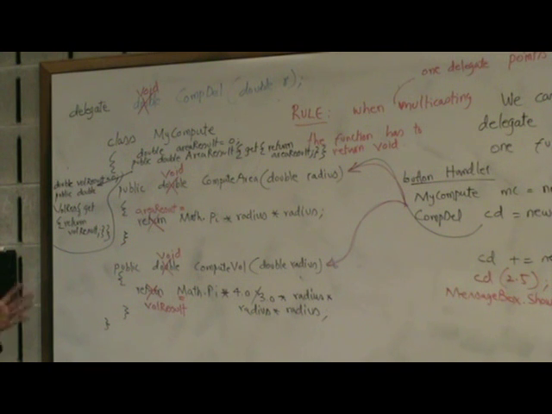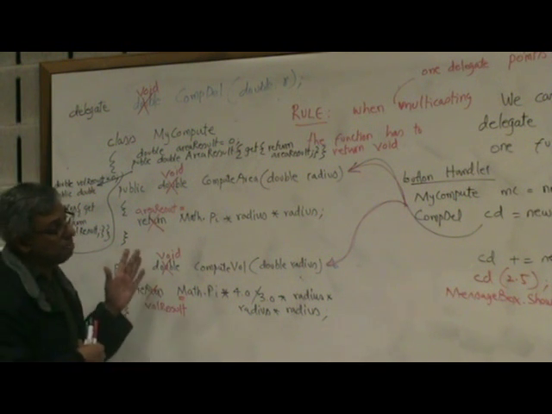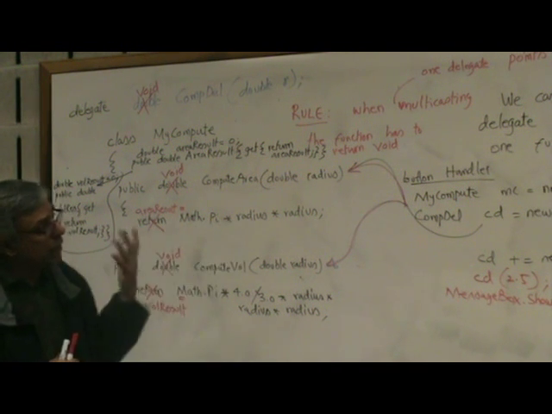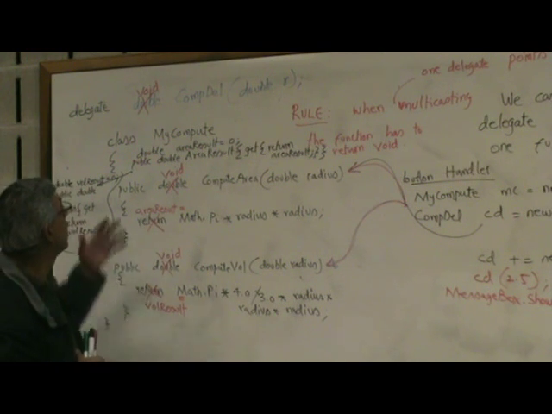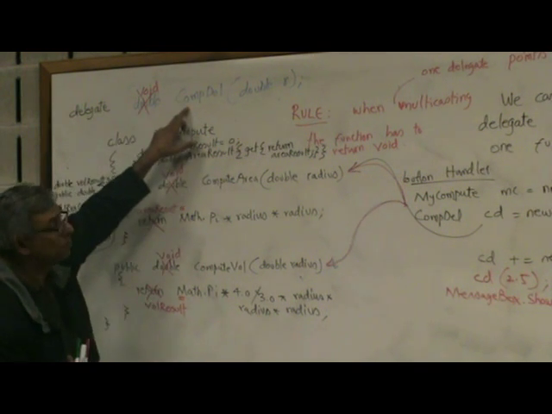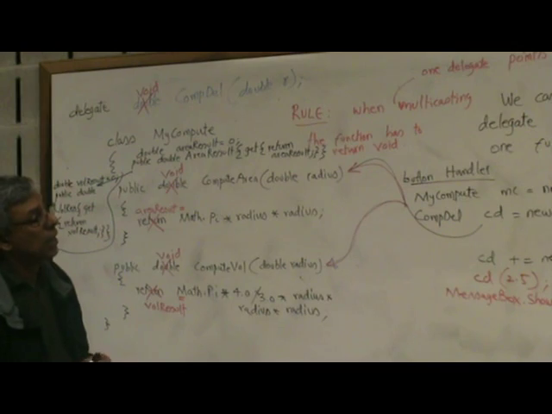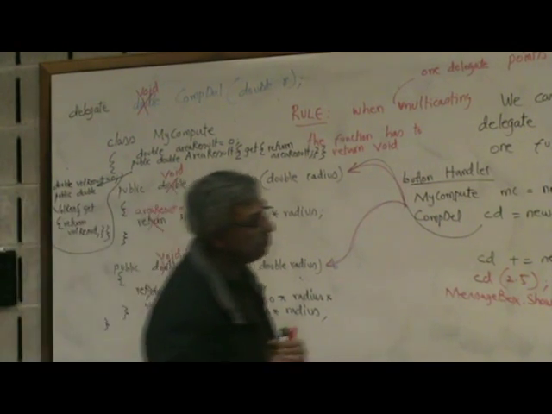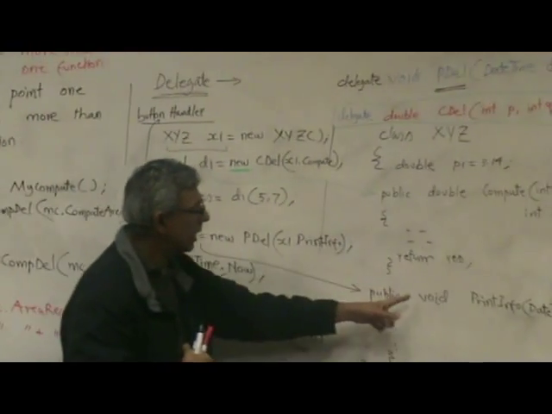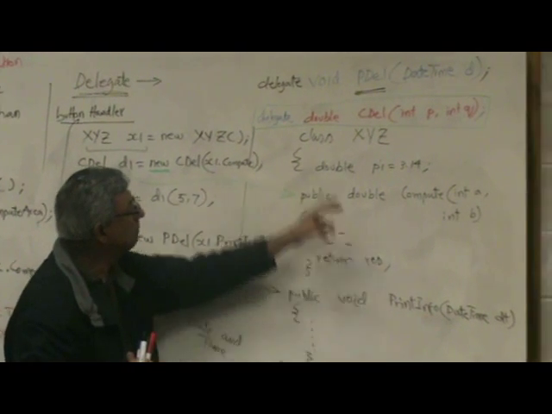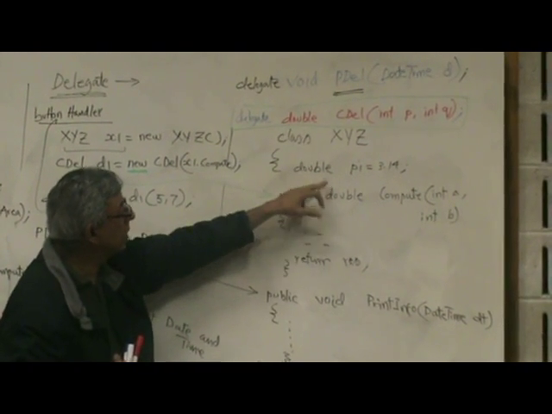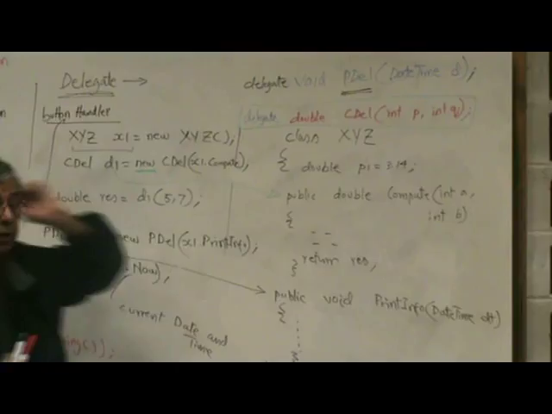Okay, so anyway, now let's come to event handling. Okay, so just like we can create our own delegate, like we created, for example, compdel, or like we created, for example, over here, a delegate for pointing to the print info, or delegate for pointing to compute over here, right?